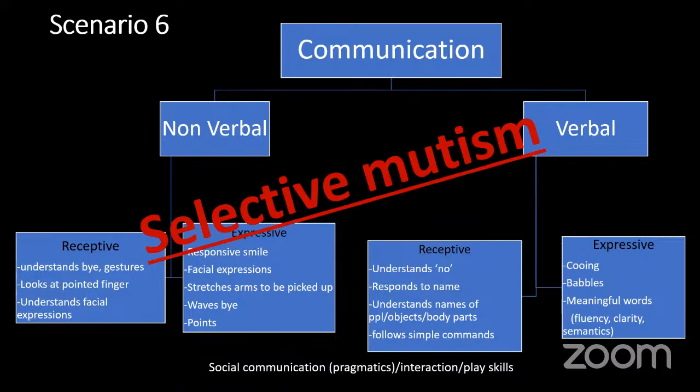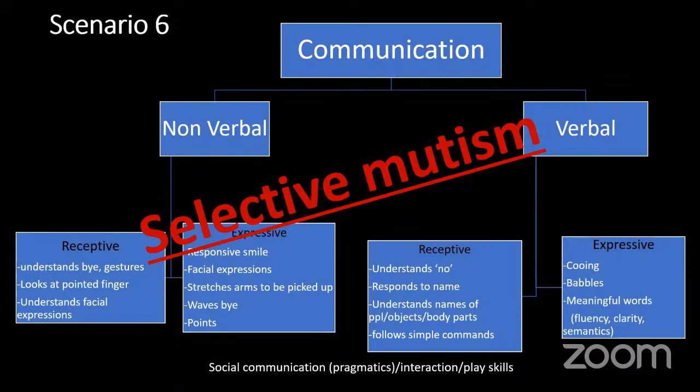He's completely mute. So we have to think about selective mutism. The diagnosis usually is clinched when we get videos from the home environment or an environment where the child is very comfortable. We ask for videos and look at them. We are not going to rely on the parents' history only. We are going to look through videos, whether receptive and expressive language is within normal limits or not.